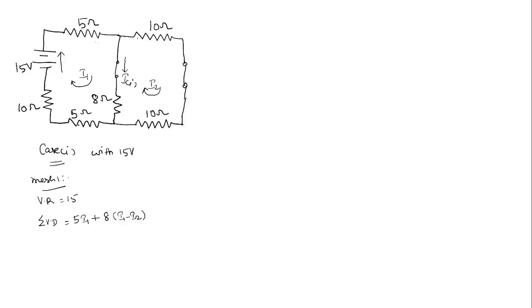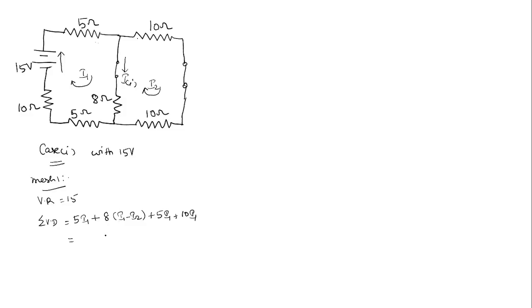Okay. So next for this 5 ohms resistor, I1 will be the current, and so the voltage drop is 5 into I1. Again for this particular 10 ohms resistor, the current is I1 again. So 10 into I1. Okay. So on simplification, we will get 5I1 plus 8I1 minus 8I2 plus 5I1 plus 10I1.